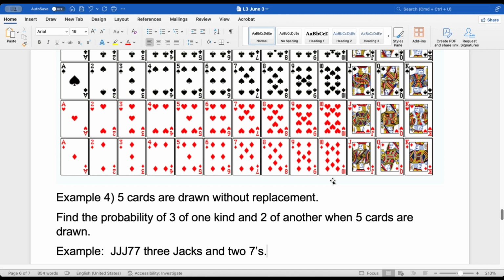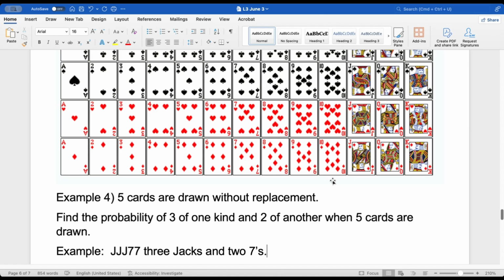Now, the order here doesn't really matter. You can do this problem either way. When it's a probability question, you can treat it as ordered or unordered. As long as you're consistent in both the numerator and denominator, you will get the correct answer either way.